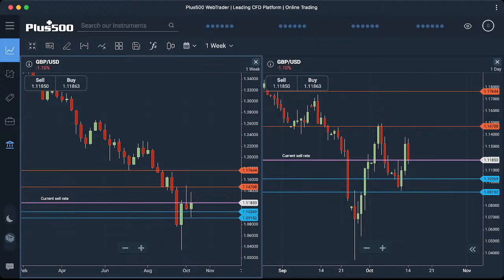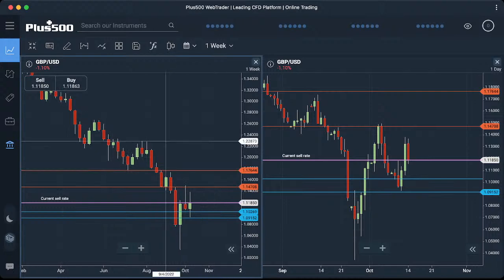So the first asset I'm going to analyze in this session is going to be pound dollar. As you can see, on the left side is the weekly chart and on the right side the daily chart in one view. First, let's focus on the weekly chart.